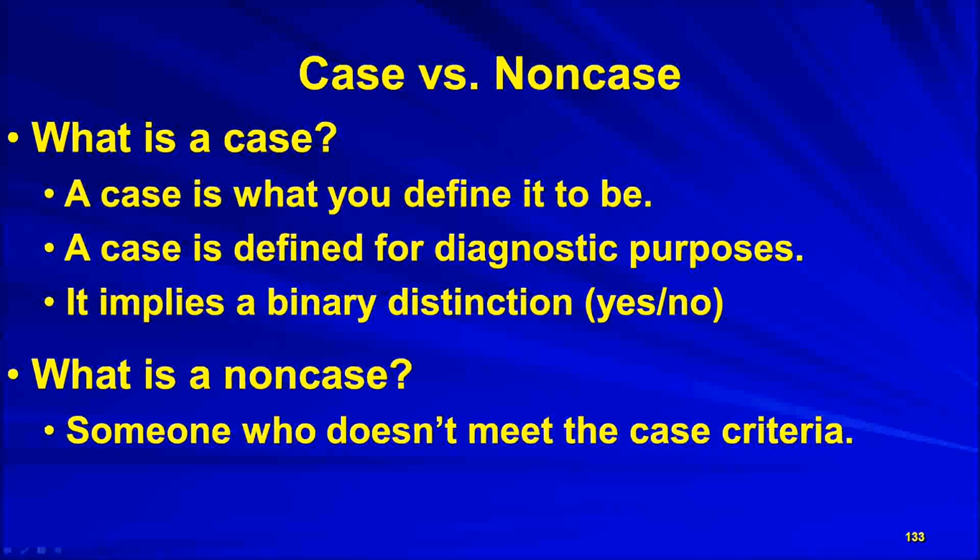And a non-case is someone who doesn't meet the case criteria. They don't fall into this particular disease category and wouldn't be people that we study. Now, I'm presenting this as a simple issue, but it's been debated often in the course of medicine and epidemiology as to what is a case. And that's what we were trying to decide with AIDS.